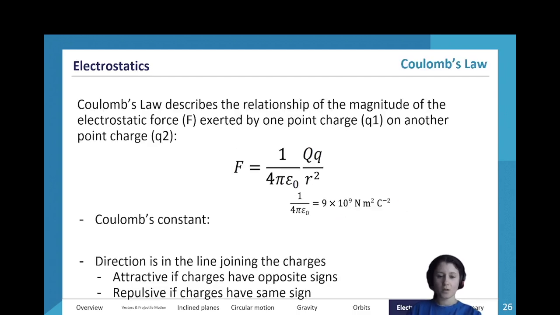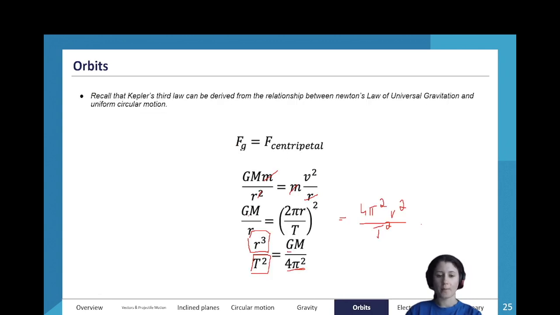Alright, I haven't actually seen that come up in a question before. But I think where you might expect to see it is perhaps on a multiple choice question where it might ask, which of these two concepts can Kepler's third law be derived from? Right?